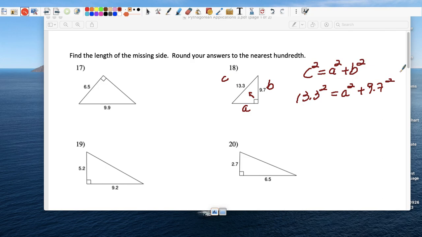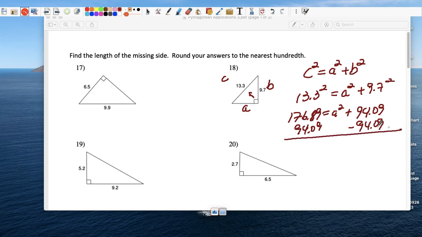I mean, you have to understand what's going on, right? And this is 89 equals a squared plus 9.7 to the second power, which is 94 on that. And I guess it's just a reinforcement on your ability to work with equations and isolating the variable. So this goes away.